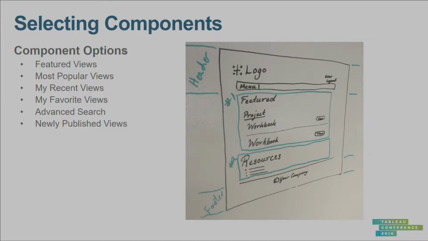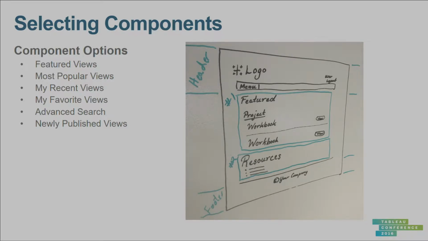Here are 6 of the different components that I frequently see in the field. Featured views: the ability for a manager to say, I want these 5 workbooks to be the first thing that everybody sees when they come into the portal. Most popular views is really user-generated content.